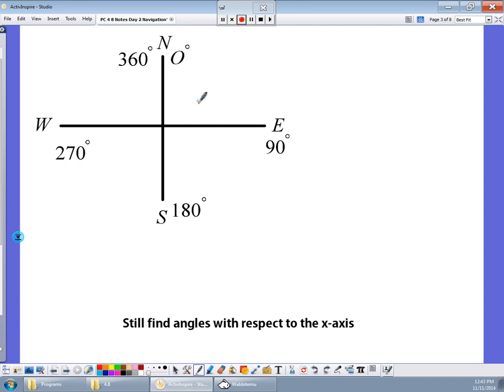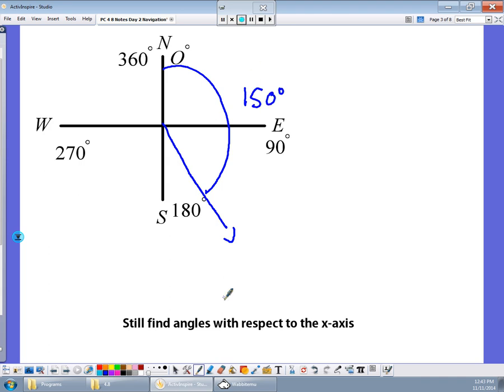So rather than starting at the positive x-axis, we're going to start here at 0. If you had a heading of, let's just say, 150 degrees, you're going to go 90, 150, and then this would be that heading or bearing of 150 degrees.